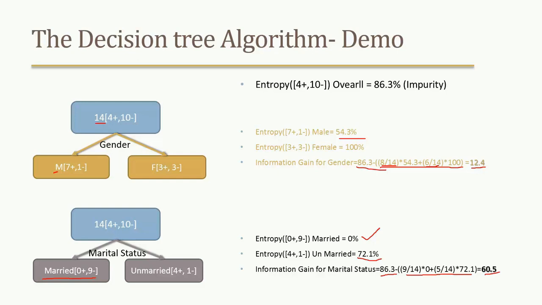So marital status has the higher information gain, which means marital status needs to be given higher preference. Out of these two, the first split attribute should be marital status.